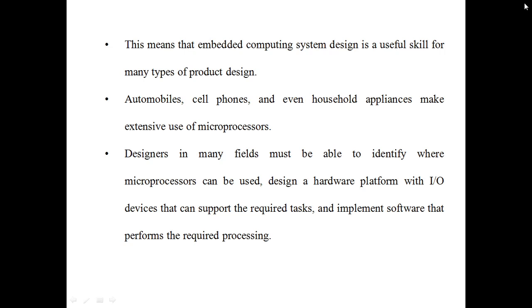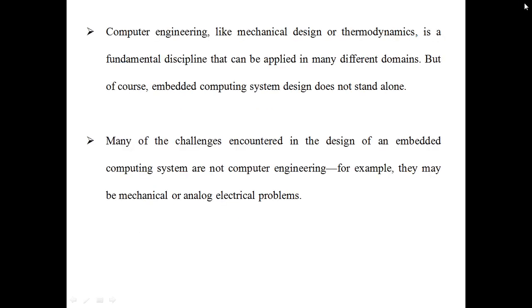Then if it is fixed, they move to hardware programming. After that it has to be integrated together, and then we can produce the devices we need.